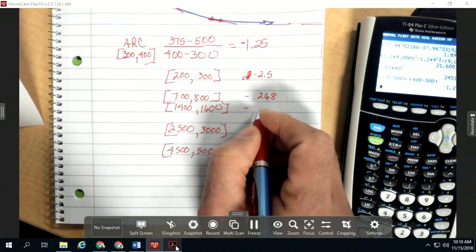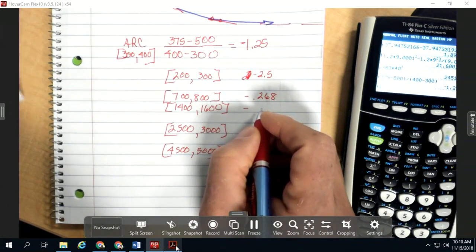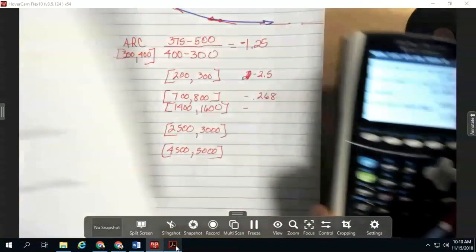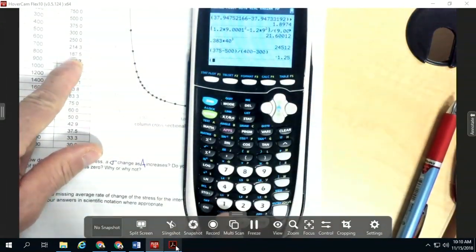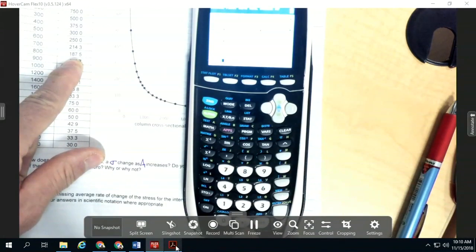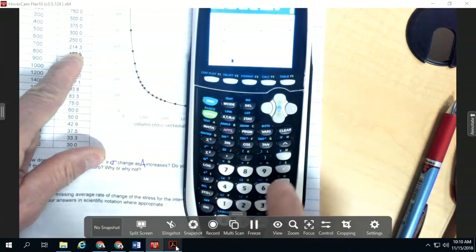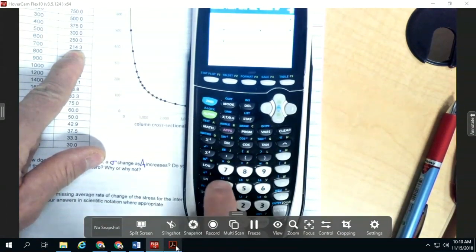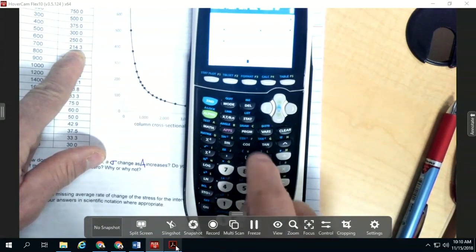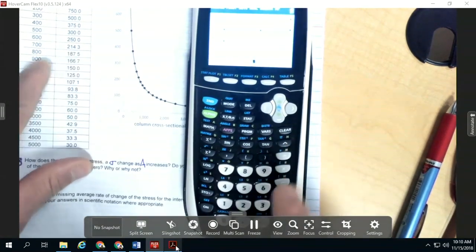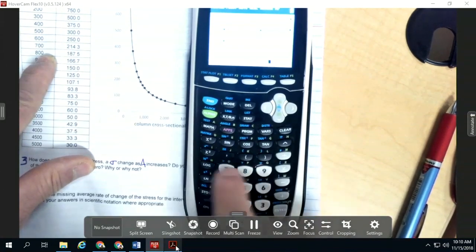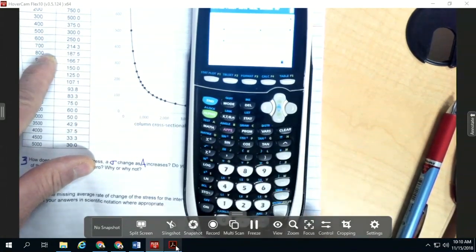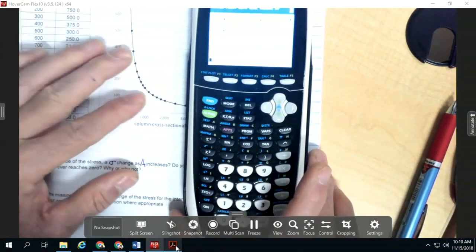What'd you get, Jess? So for yours, you would take 800, which is parentheses 187.5 minus 700, which is 214.3, close parentheses, divided by parentheses 800 minus 700, close parentheses, and you get negative 0.268.